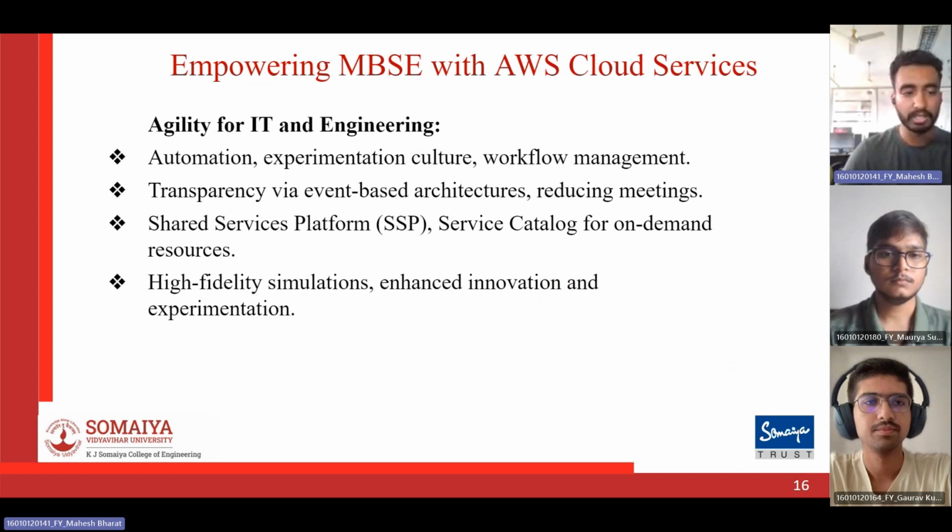For agility in IT and engineering, AWS brings automation and an experimentation culture. Workflow management and event-based architectures enhance transparency by reducing the need for extensive emails and meetings. Shared service platforms like SSP and service catalogs enable on-demand resource allocation, fostering innovation and high-fidelity simulations.